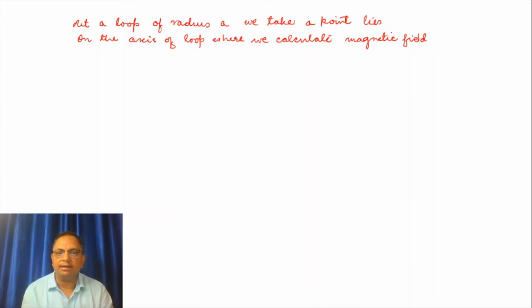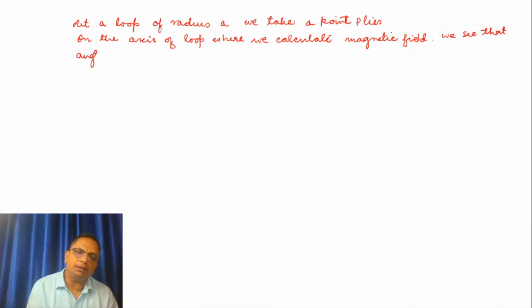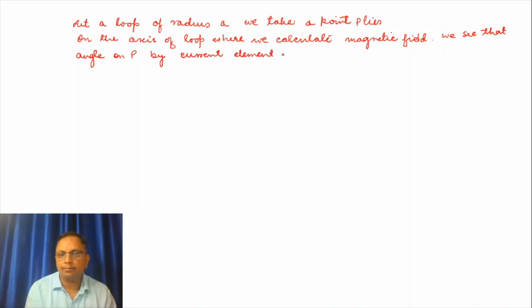Let a loop of radius a. We take a point that lies on the axis. Point P we can take lies on the axis of the loop where we calculate the magnetic field. We see that the angle at P by the current element is phi, and we get a dB magnetic field.